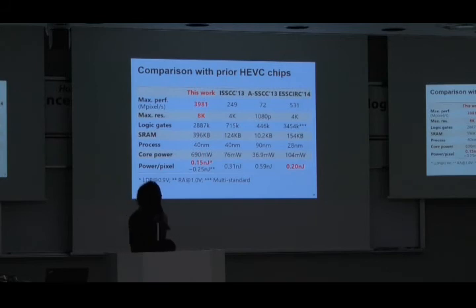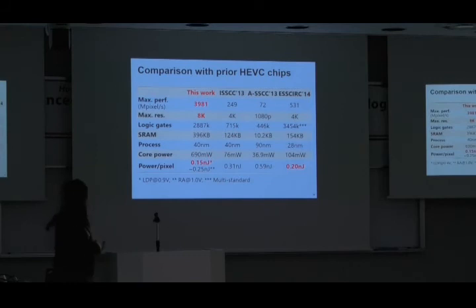We can see that compared with all of the other works, we can achieve the maximum throughput, and at the same time, normalizing the power to each pixel, the power per pixel is smaller than all of the others. And this work was published at ISSCC 2016.